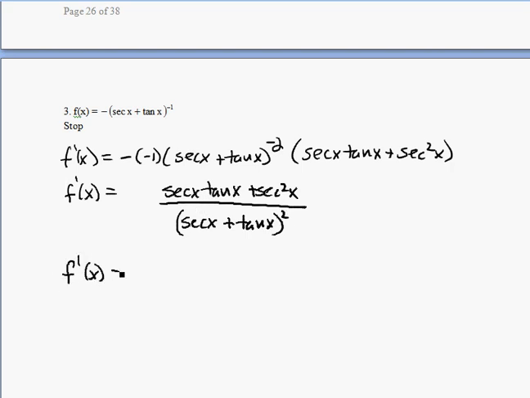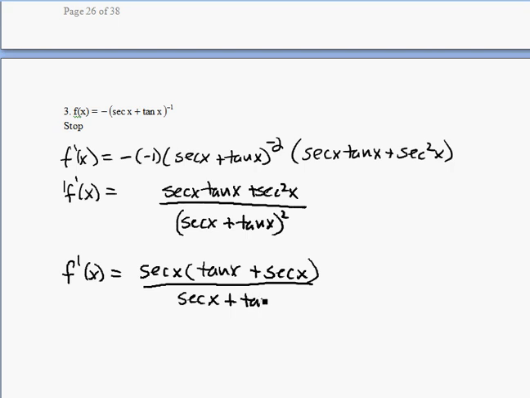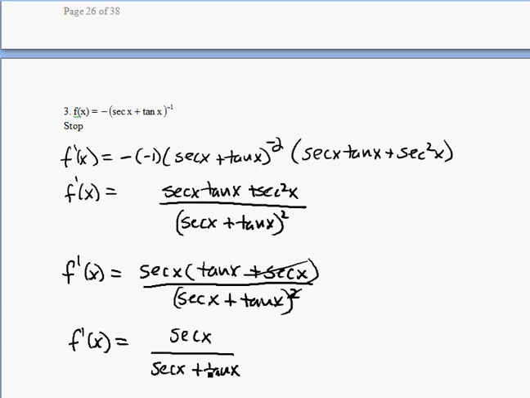So f prime of x equals secant x times tan x plus secant x all over secant x plus tangent x quantity squared. So notice this cancels with one of those. So my derivative is just secant x over secant plus tan. There you go.